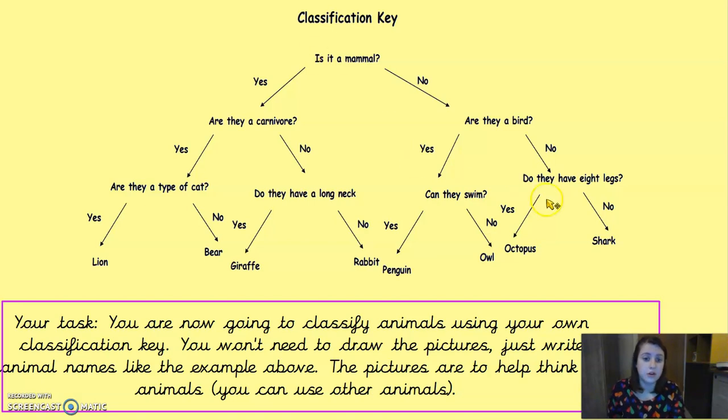And it might be that you've got lots of questions, more questions than this. It might be that you don't have that many because you can classify them quicker. So the pictures are up on the website to give you some ideas. I would suggest that you leave this screen up for your reference, for your support, to give you an idea of what a classification key looks like, and have a go at doing 1 or 2 or however many you want of your own.